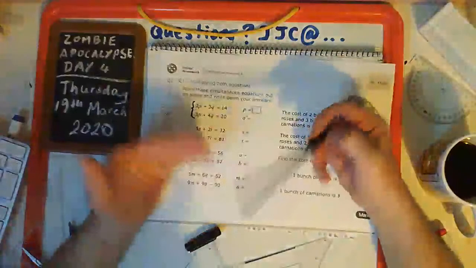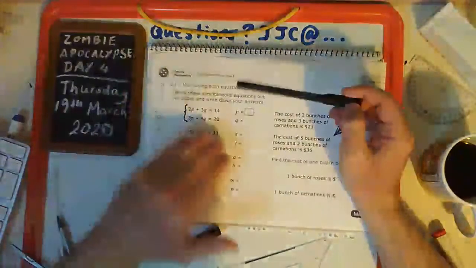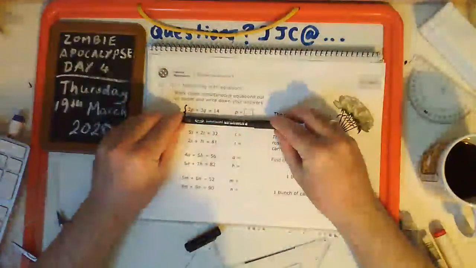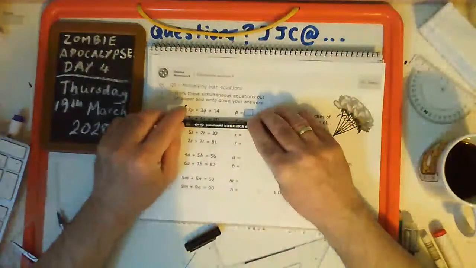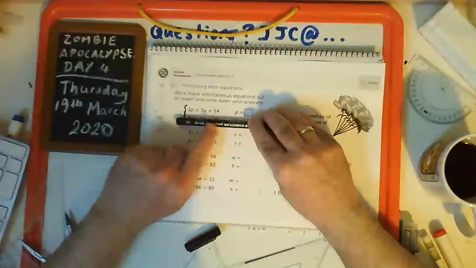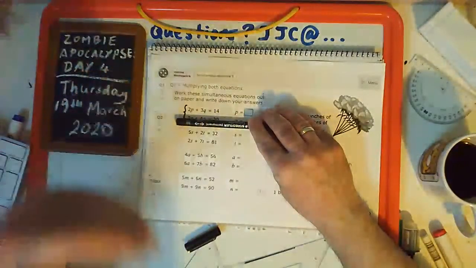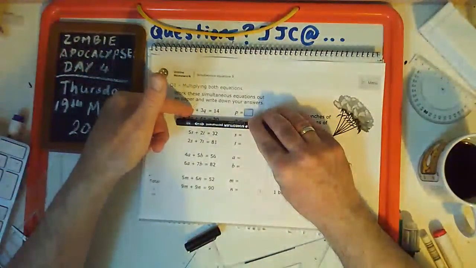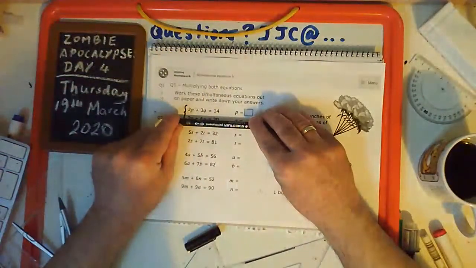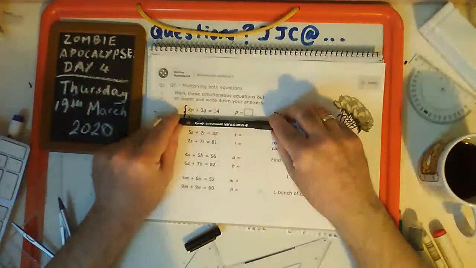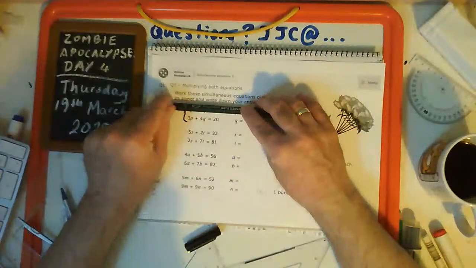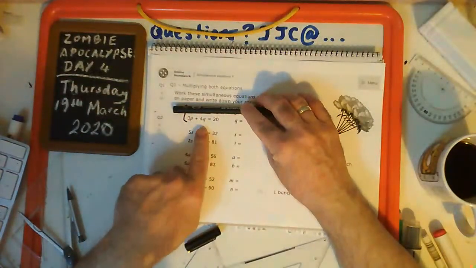But you can think of an infinite number of solutions to either one of the equations on its own. So 2p plus 3q equals 14, I can think of as many solutions as I like. Just pick a random value of p and then figure out what q needs to be to make it balance. And then the same with the other equation, 3p plus 4q equals 20.